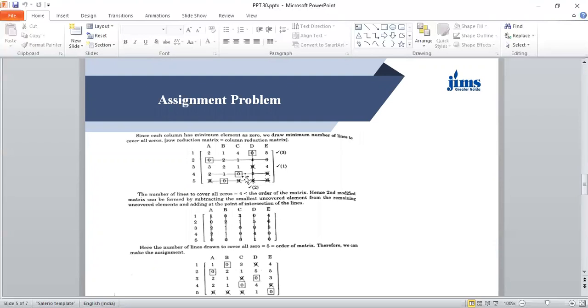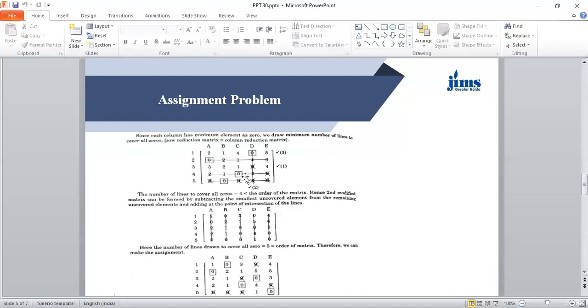Now, I have explained to you that as per the Hungarian algorithm, we have to draw the minimum number of lines to cover all the zeros. And if the number of lines is equal to the order of the matrix, the assignments can be made and the optimal solution has been reached.